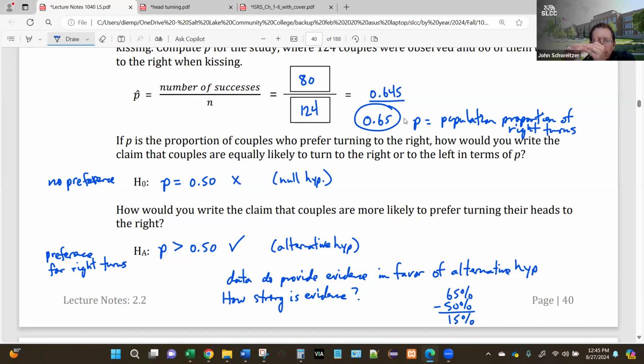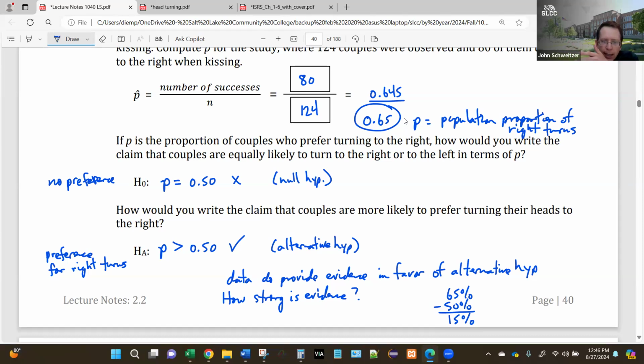Well, he still published this paper, and Nature still accepted this paper for publication. So it turns out that this is extremely strong evidence. Why? Why is 15% extremely strong? Well, what we need is a way of testing this claim. We need a way of determining how strong the evidence is.